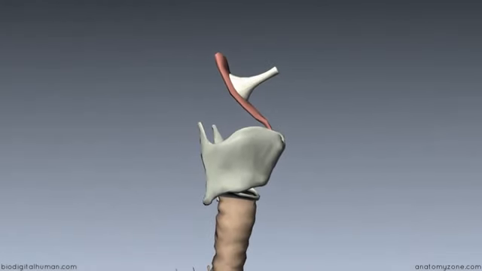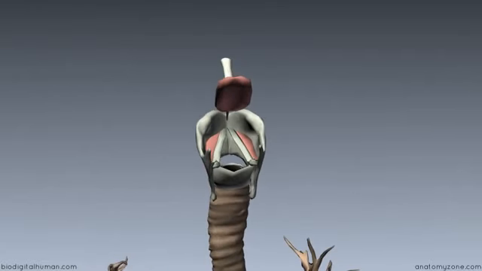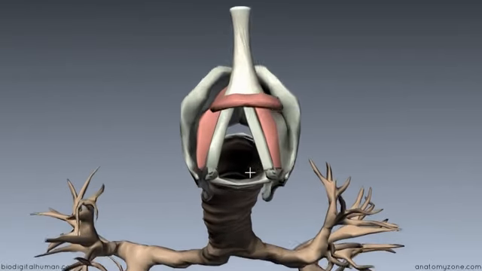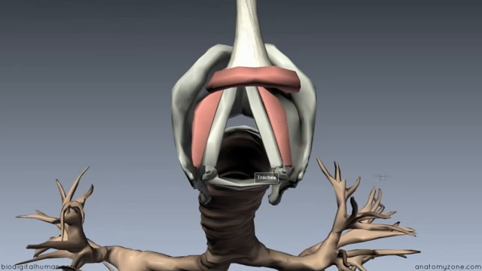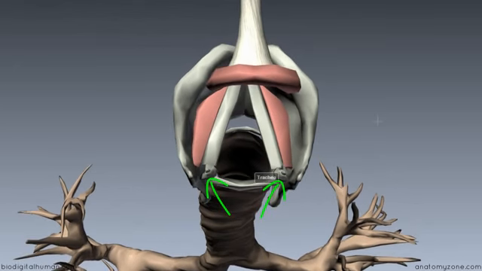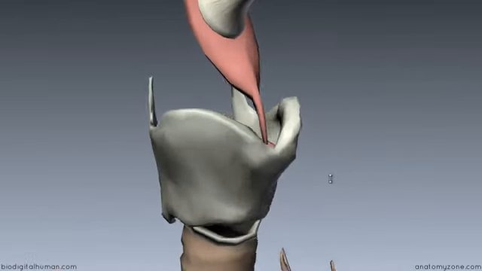So I've brought back the thyroid cartilage in full, and if we rotate to a superior view, you can see the arytenoid cartilages posteriorly, and the vocal ligament attaching from the vocal process to just inside the thyroid cartilage. So two last points to mention with regard to the cricothyroid membrane.